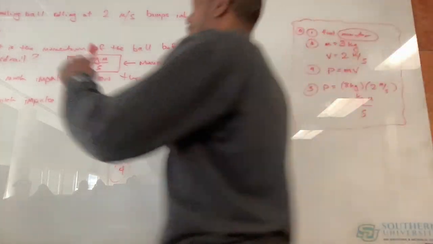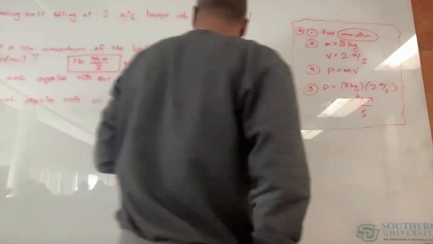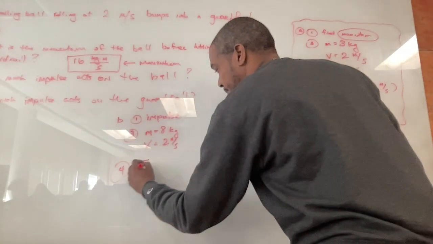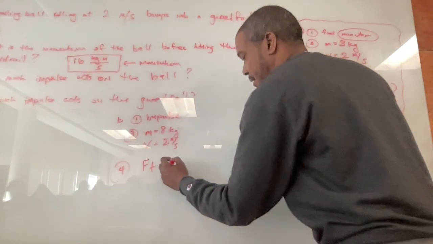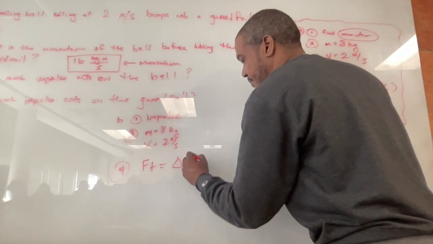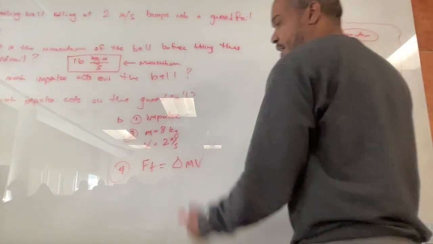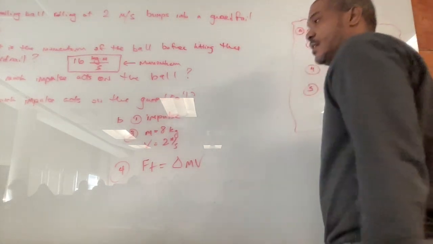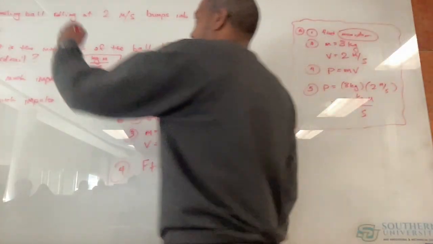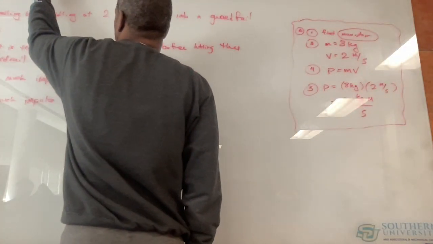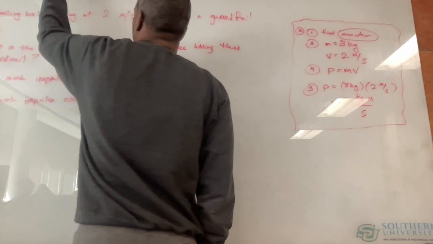So, remember this equation? We had what? Well, we can write it here for 4, right? Ft is equal to what? Delta mv. Right? So delta mv means what? What does delta mv mean? Change, right? So that means delta mv means what?